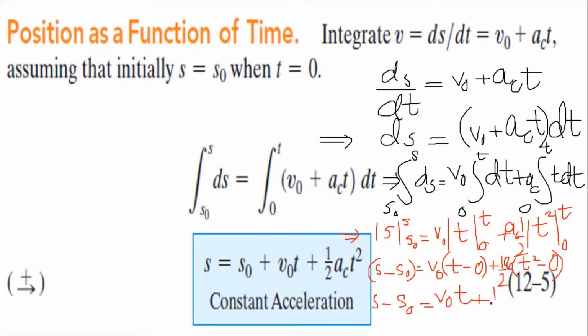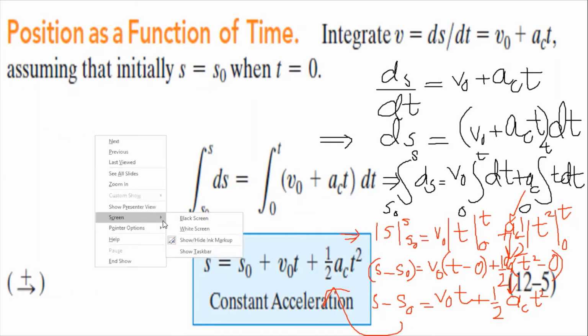So plus half a t square. You will bring this s naught here, so finally the equation will be s equals s naught plus v naught t plus half a t square. There must be a because it is a coefficient. So you can see here that there is a, then there is a, because it is taken as a coefficient. Hopefully it will be clear to all of you. This is the way to find this equation.